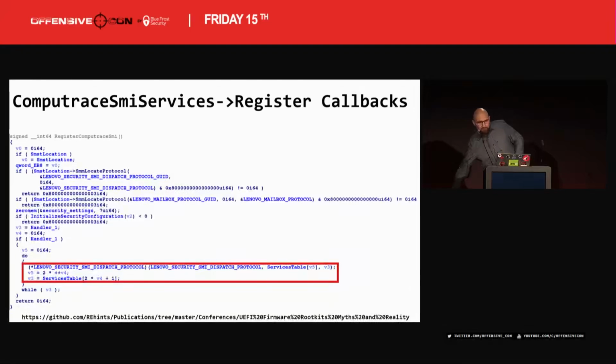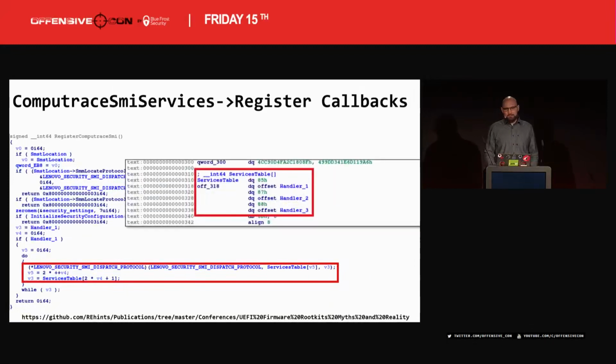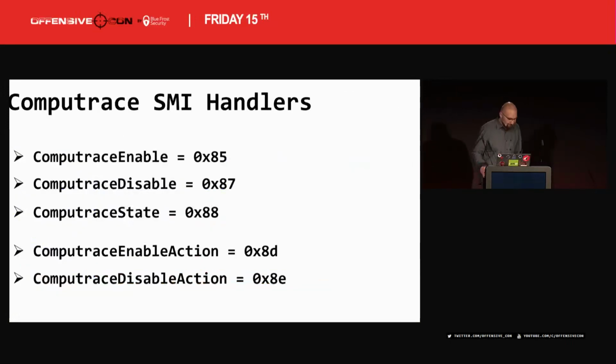For CompuTrace services, what interested me most was the SMI handlers table, which has three SMI handlers. This was reverse engineered for Black Hat Asia, and at that time I didn't know what exactly the SMI handlers were doing. I became more interested in this particular research when I discovered there's no way to permanently disable or enable it.